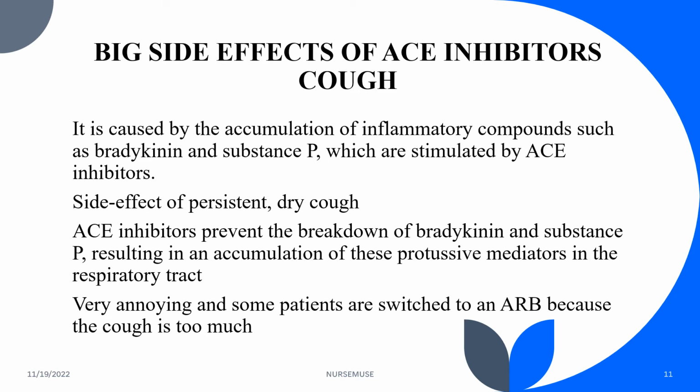So we're actually increasing bradykinin and substance P in the respiratory tract, in the lungs. So the side effect is a persistent dry cough. This cough is very annoying to some people. It's not harmful, it's just very annoying. So people actually sometimes go to their provider and get placed on a different class of medication.